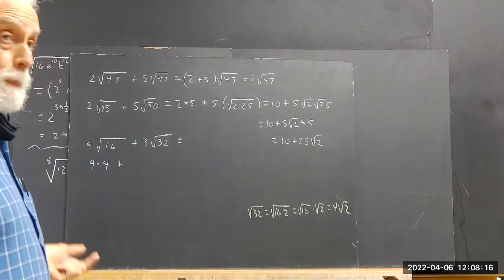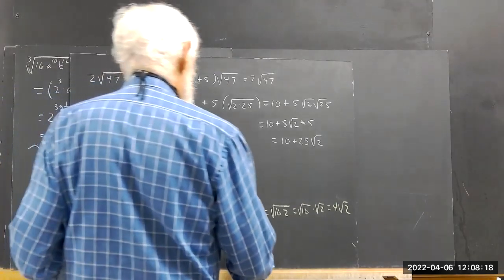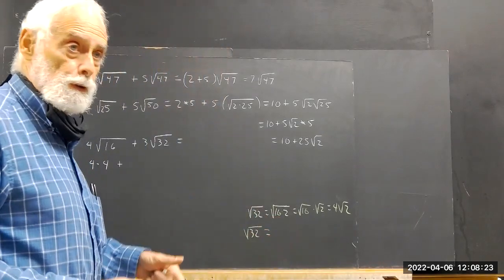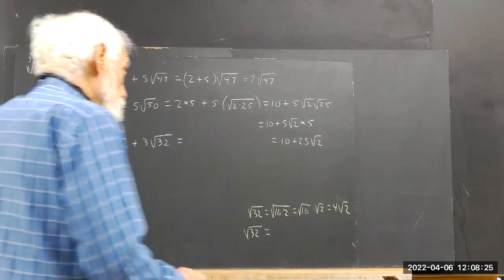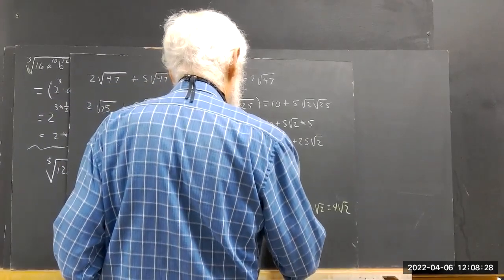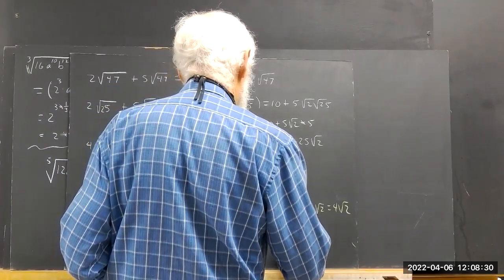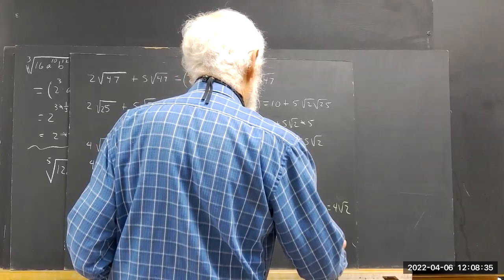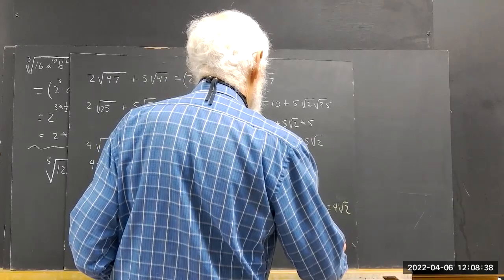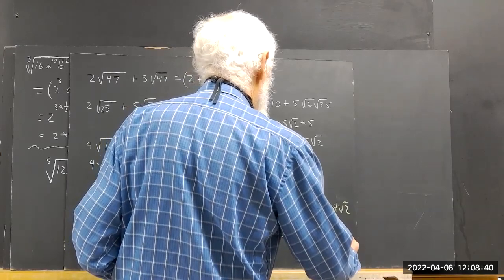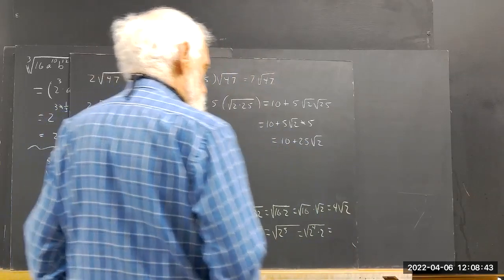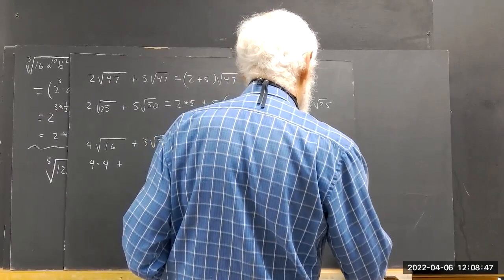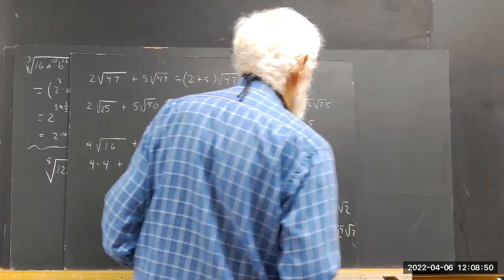Now, a lot of times you have to go to a prime factorization, and if you've got to do that, which you probably don't on 32, but it'll work if you have to. The square root of 32 is the square root of 2 to the 5th, which is the square root of 2 to the 4th times 2, which is the square root of 2 to the 4th times the square root of 2.